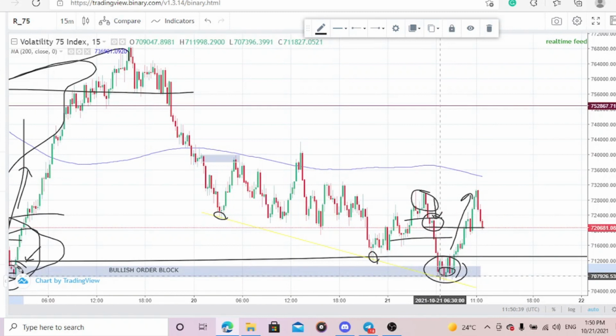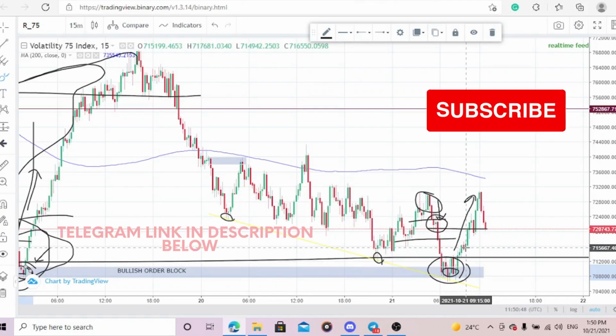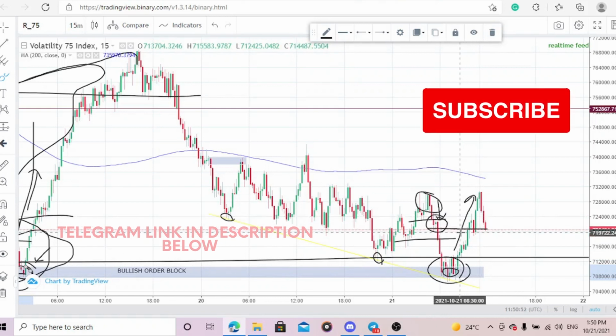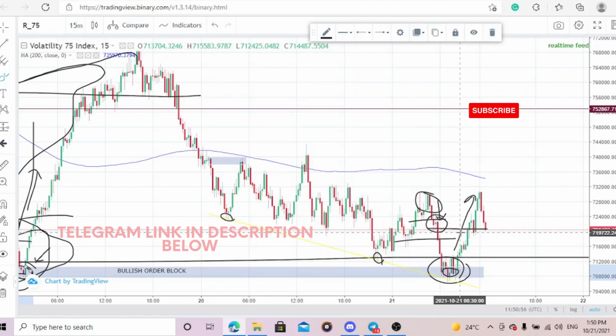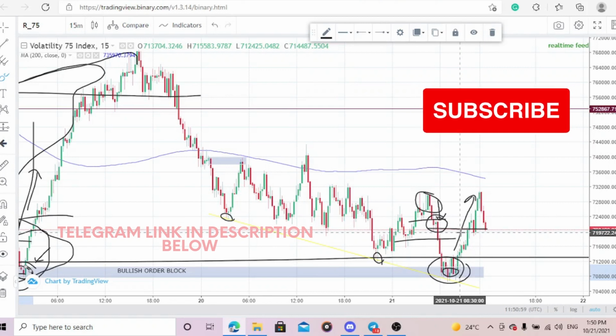So without a doubt, I knew that this market was going to go up. When I saw the reaction here, I put my entry, and I gave the signal out also on the Telegram channel. Then the market went up. So that's how we caught this trade today, ladies and gentlemen.